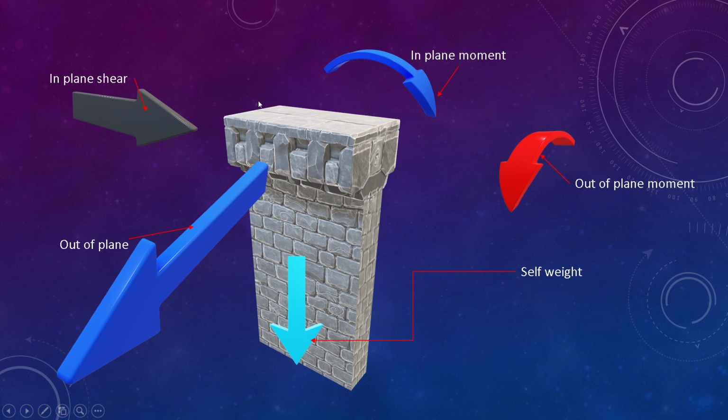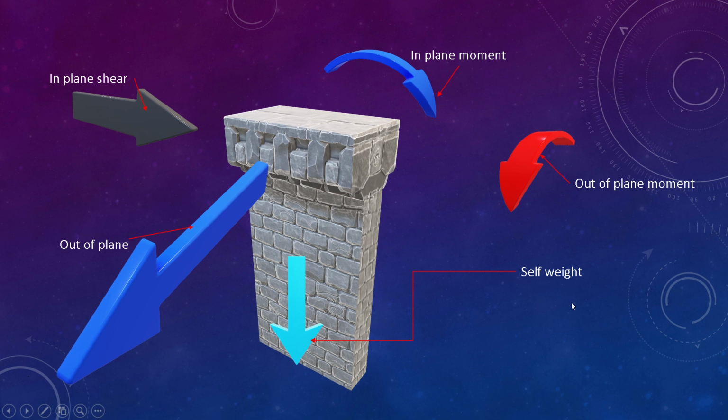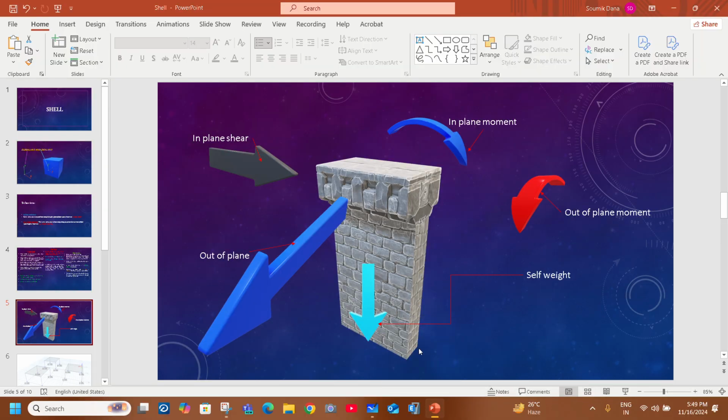Now, suppose this is a wall. And what does in plane shear mean? In plane shear, that means this is the plane. This is the plane.